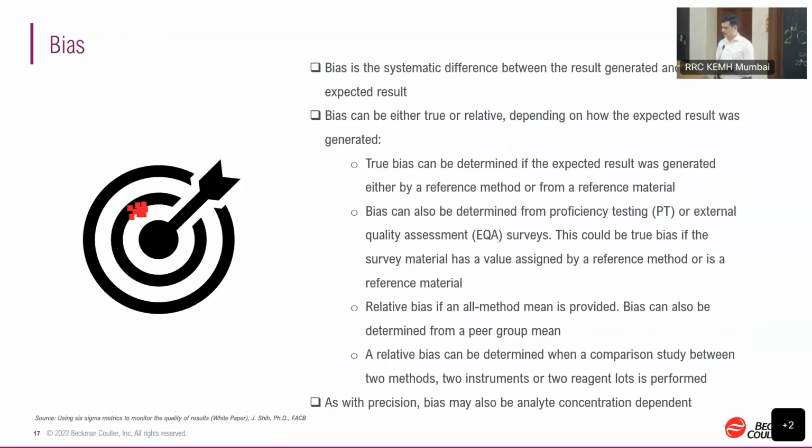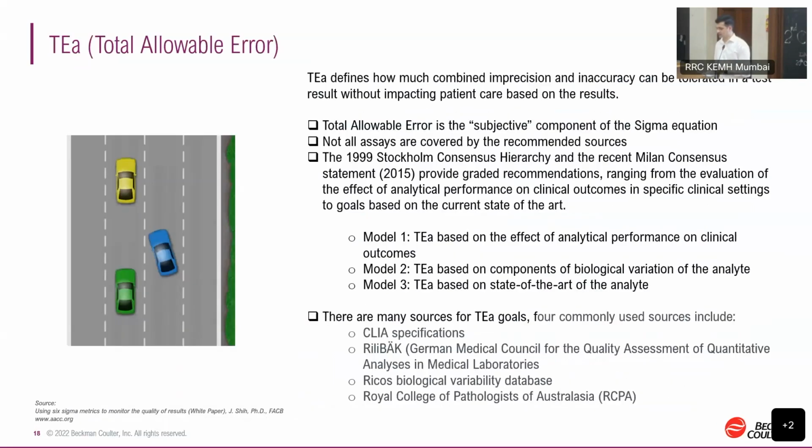Relative bias also can be determined from a comparison study between two methods, two instruments, two reagent lots, etc. So this is how we get bias, which is very simple: expected value versus your test value, you get bias. Then TEA.